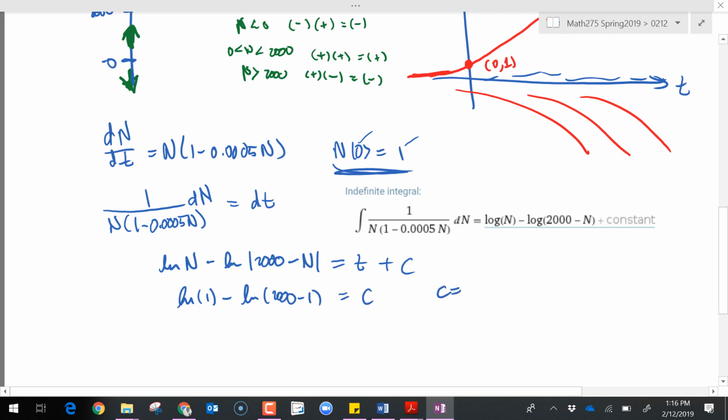So c equals negative ln of 1999. So we have ln of n minus ln of 2000 minus n is equal to t plus or minus that constant.